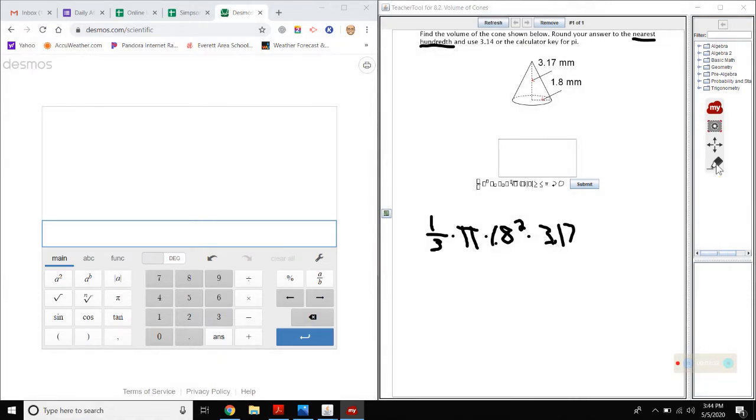So let me show you how to plug this into a calculator, because the very beginning of it with this 1/3 gets tricky. If you don't do it correctly, you will get a wrong answer. So you must follow this step. So you can go ahead and plug in 1/3. That's 1 divided by 3. Now, once you do that, you'll see that the cursor is blinking down with the denominator of that fraction, which means if I type my multiplication sign in and then the pi, you'll see that it's going along with just the denominator.